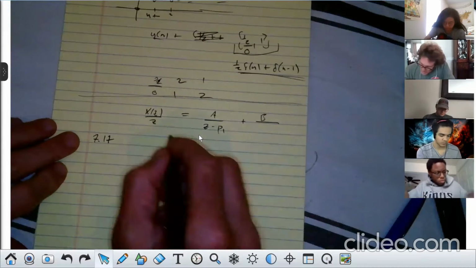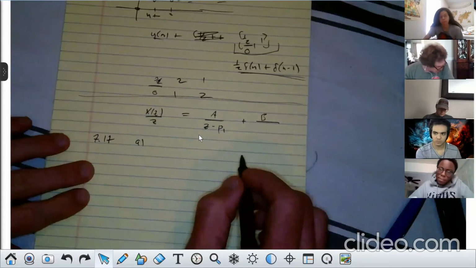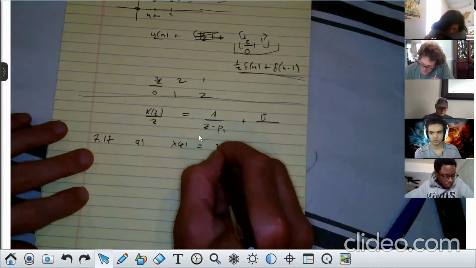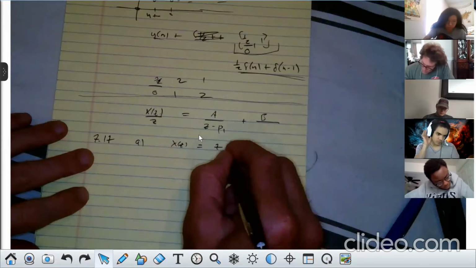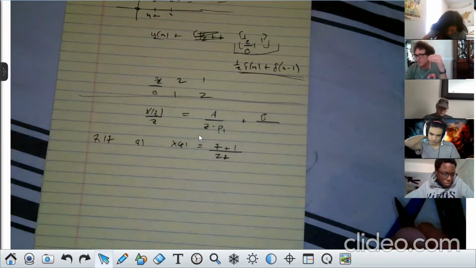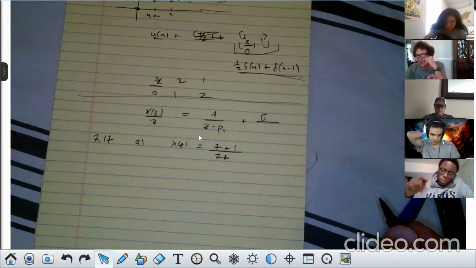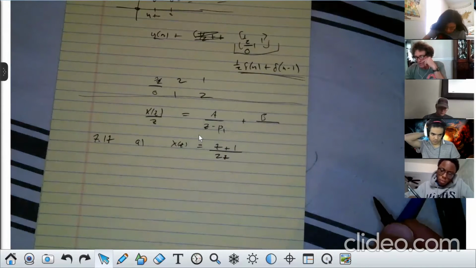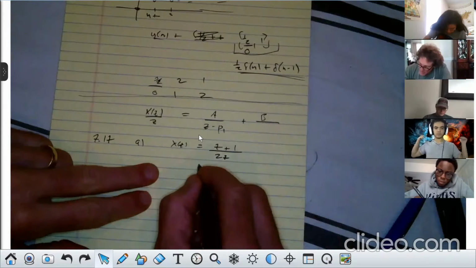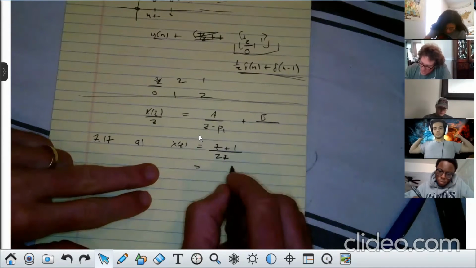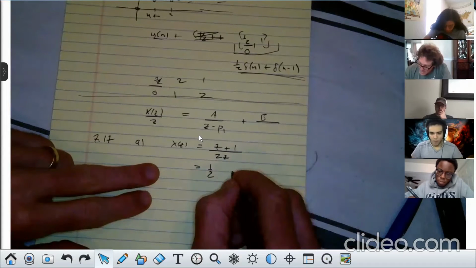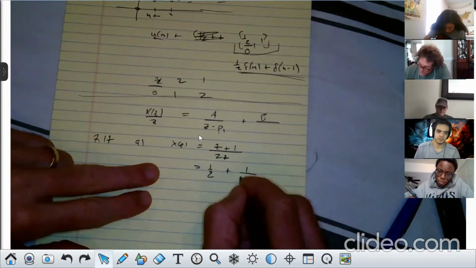7.17a says this, and please ask yourself, how would you do it right now without anything more? If you have X of Z equal to (Z plus 1) over 2Z, how are you going to do that one? Don't answer it quite yet. Just think about it. Well, this is so simple, you don't even have to do anything. If I just break this up, Z over 2Z is 1/2, right? And then I have plus 1 over 2Z, right?